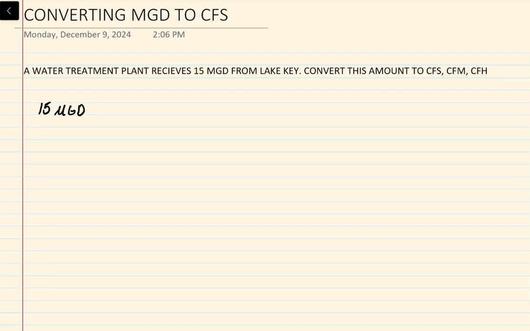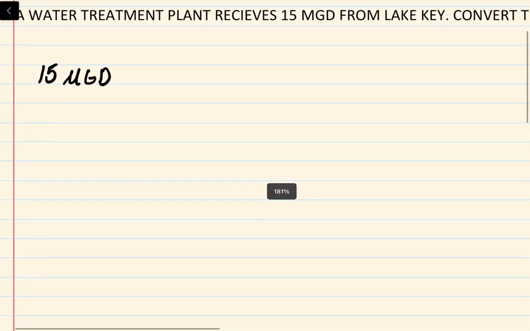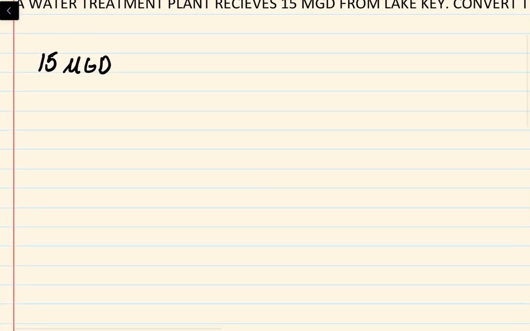So a water treatment plant receives 15 MGD from Lake Key. Let's convert this amount to those three units of measurement that I said earlier. So we're going to start with 15 MGD, and we need to convert this to cubic feet per second.